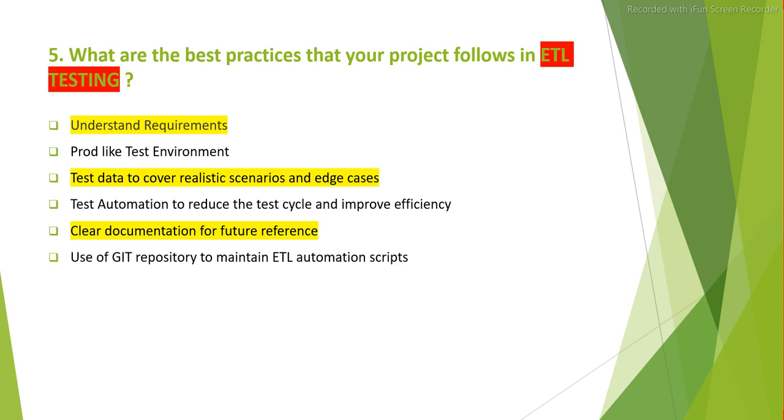Because you can't keep it locally on some system or another, right? Because this is proper code, and to maintain code there is no better place than a Git repository, which is the VCS, right? So you should make sure that you follow this best practice of using the Git repository for all your test automation scripts.